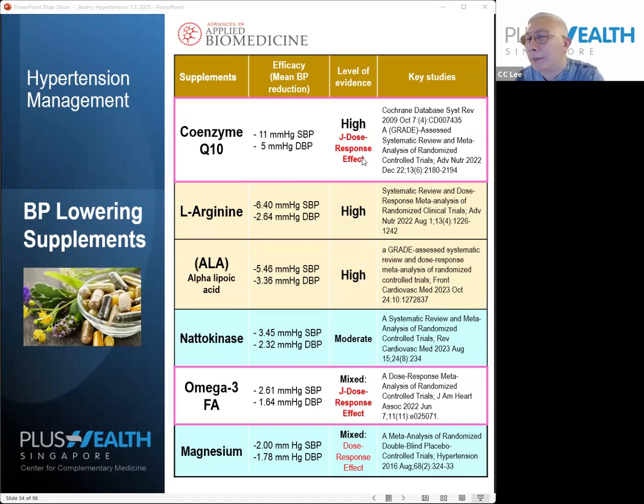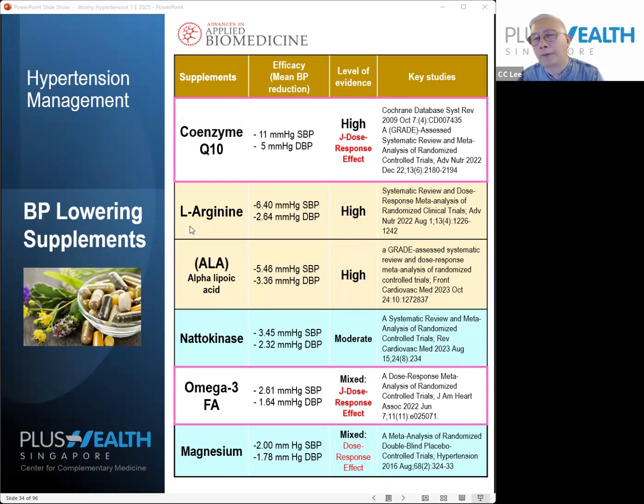What does it mean, right? But having said that, among all the supplements I listed here, coenzyme Q10 is the highest potency supplement for reducing blood pressure. Followed by L-arginine, right? Followed by alpha lipoic acid, right?